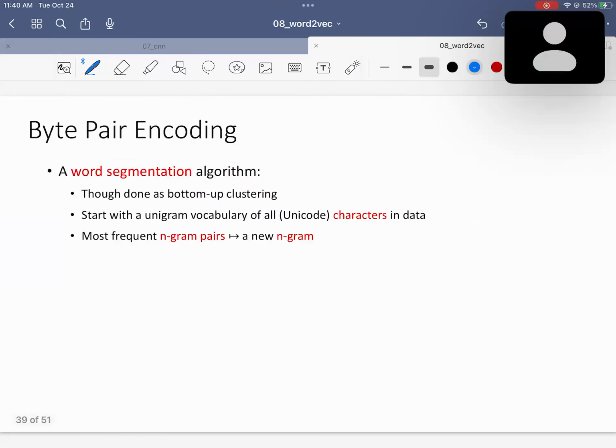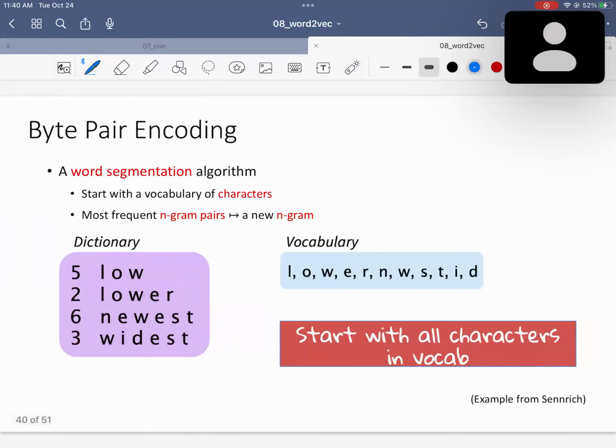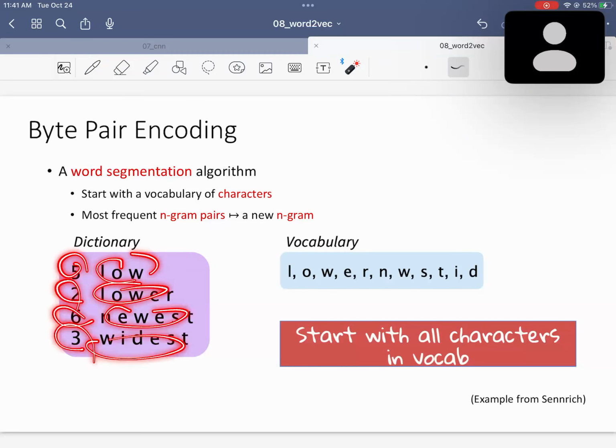So we can look at the example here. This is a very nice step-by-step example. Let's say you collected a bunch of documents, and throughout the documents you calculated the number of times each word occurs in the corpus. Low occurs 5 times, lower occurs 2 times, newest occurs 6 times, widest occurs 3 times.